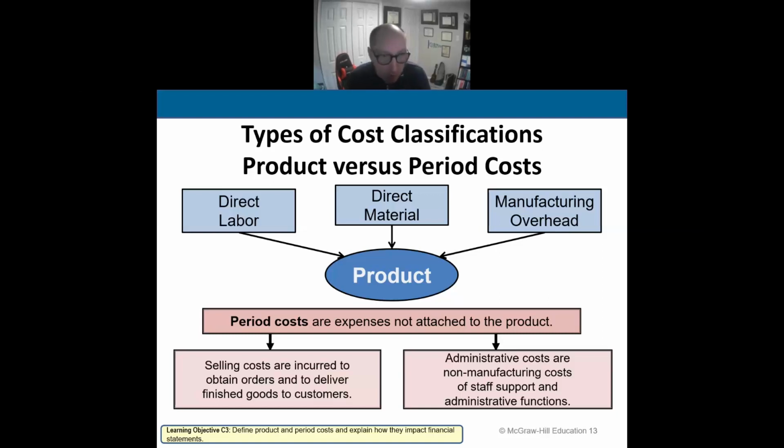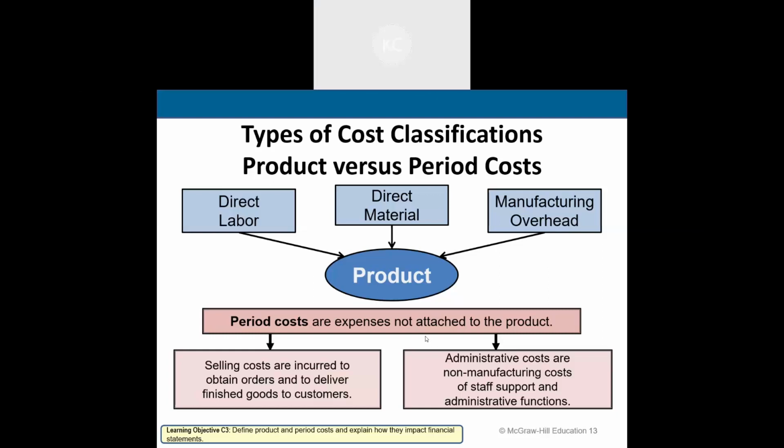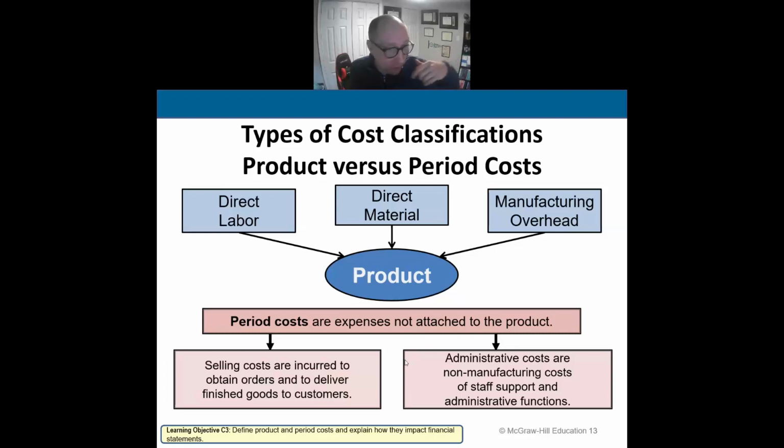Those are selling costs. And they're related to that product that we just manufactured. So we allocate those selling costs as what we call a period cost. Other selling costs might include things like delivering the car to the customer, to the dealership. That's a part of the cost.